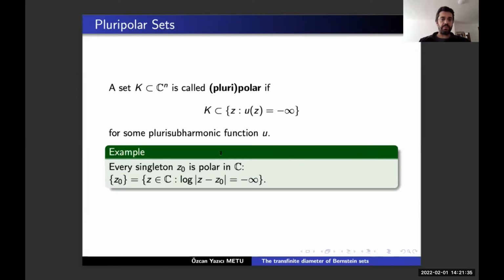Here is an example of a polar set in one dimension, in C, where we say polar instead of pluripolar. Any singleton is pluripolar because you can write the singleton as the minus infinity set of the function logarithm of the modulus of z minus z naught.